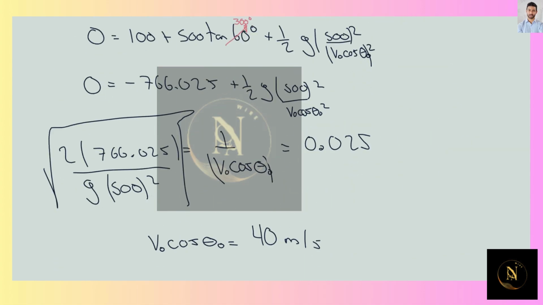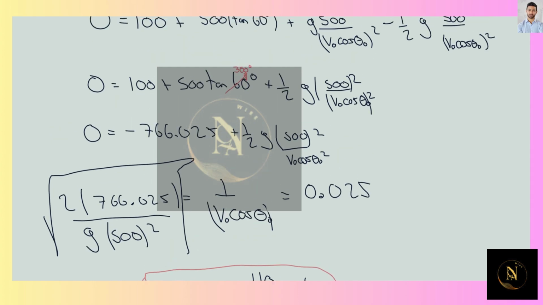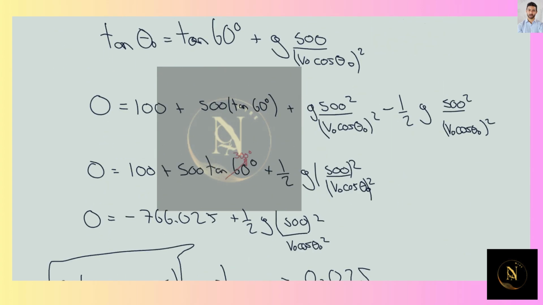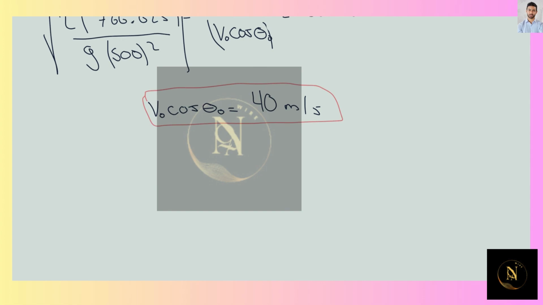So now let's take this result that we got for solving this equation. Notice that we have this value, but we still need to know the magnitudes. For that, we're going to employ the calculation for the final time. So the final time is going to be equal to 500 over b0 cosine of theta 0, which is going to be equal to 12.5 seconds.